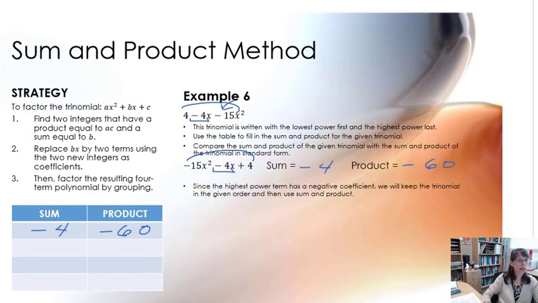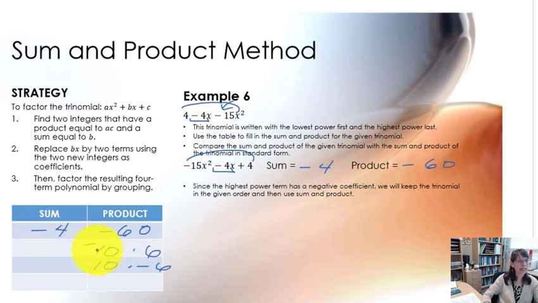So we're ready to think about some factors of negative 60. Since it ends with 0, are you thinking of 10 times 6 maybe? All we have to do is decide, should it be negative 10 times 6 or should it be positive 10 times negative 6? We have to make sure that the sum matches.